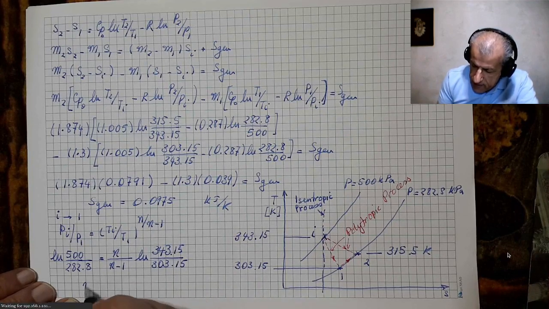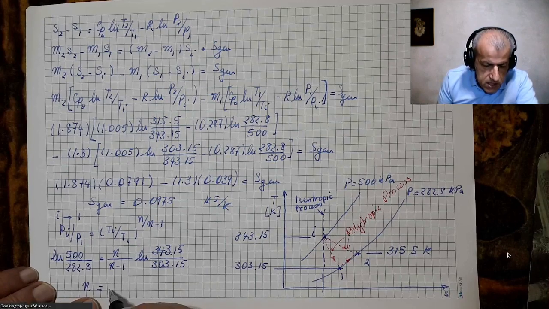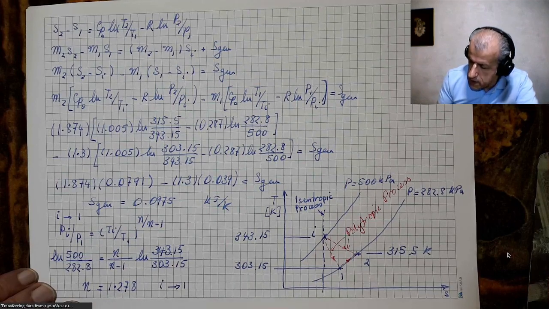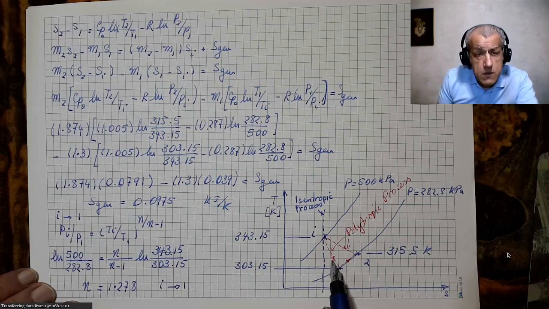And the outcome of this equation is n equals 1.278. That is for process I to 1, which is this one.